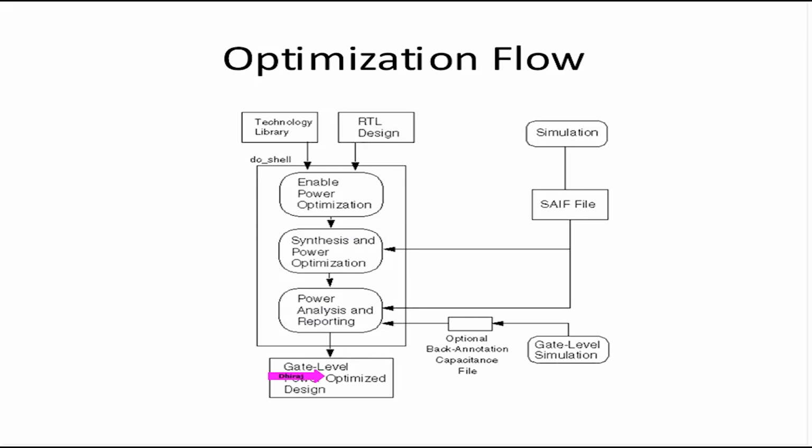But there's one more option. This simulation is taking place at the RTL. We can again simulate this: we can apply the same stimulus to the netlist as well. After the design is routed, we also get the capacitance information. We can feed back this information and do further accurate power analysis.